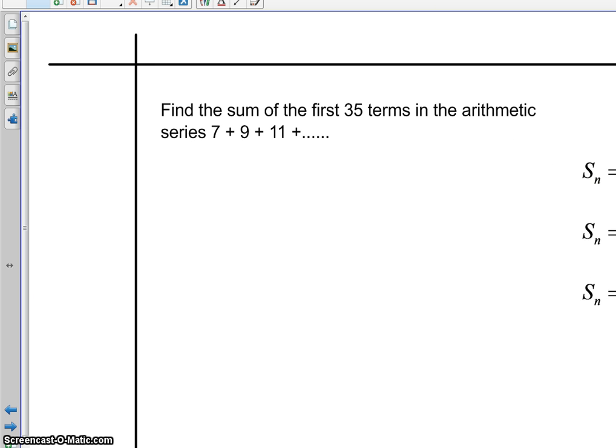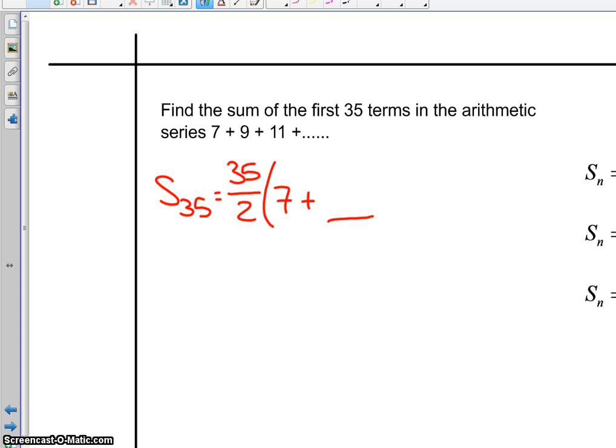What's going on in this one is, if I start filling in, find the sum of the first 35 terms, I know my first term, but I don't know a sub 35. There's a couple ways you can go about doing this.